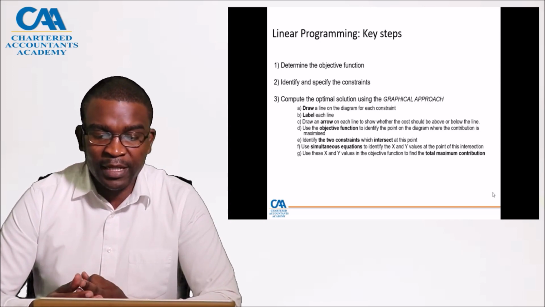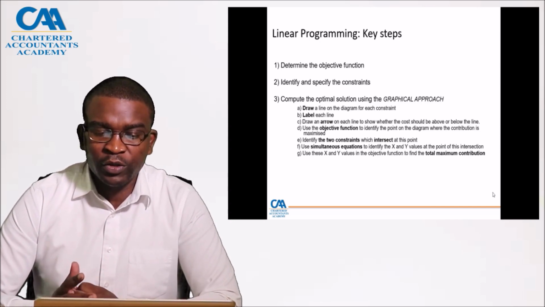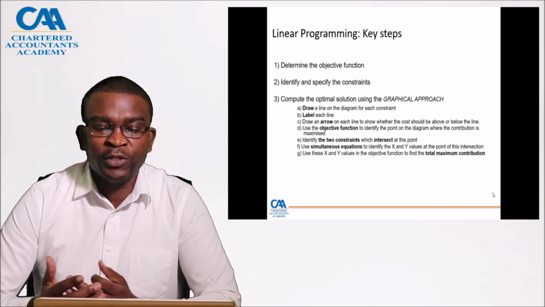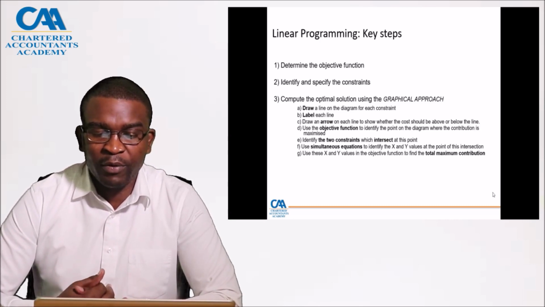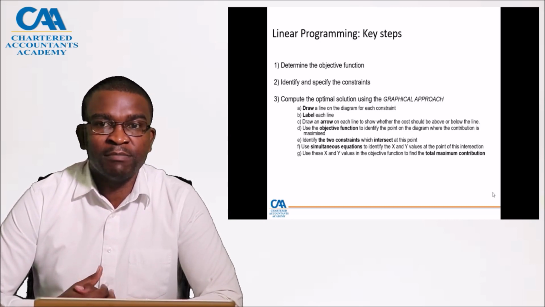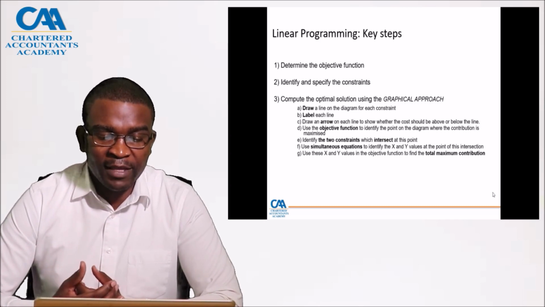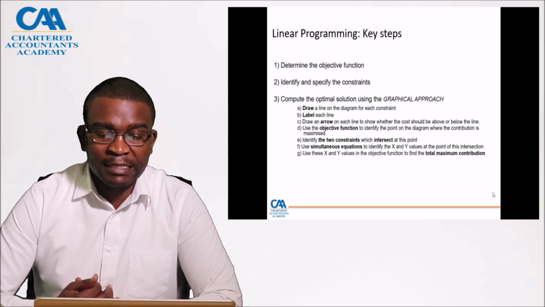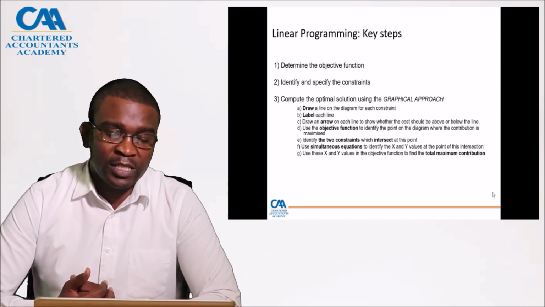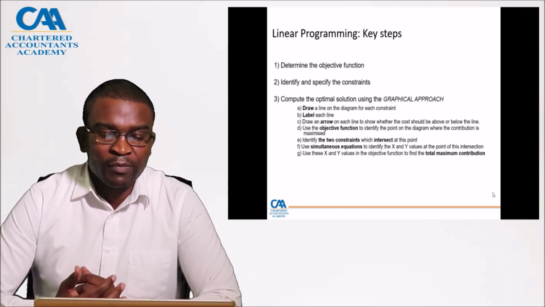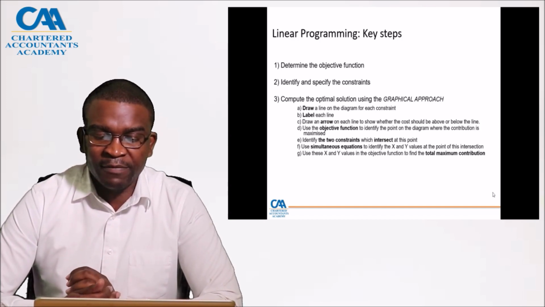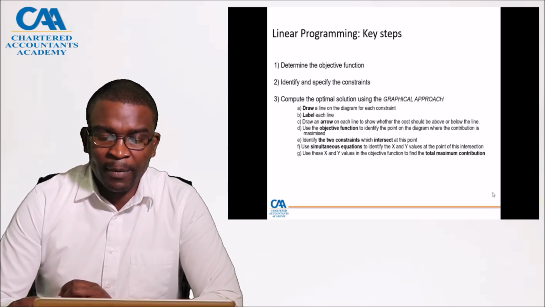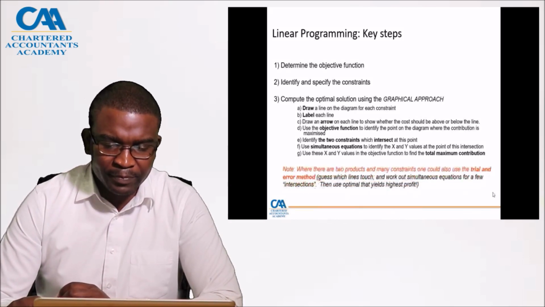Draw an arrow for each line to show whether the feasible region should be above or below, and use the objective function to identify points on the diagram where contribution is maximized. Then identify the two constraints which intersect at this point, and use simultaneous equations to solve. Use the X and Y values in the objective function to find the total maximum contribution.